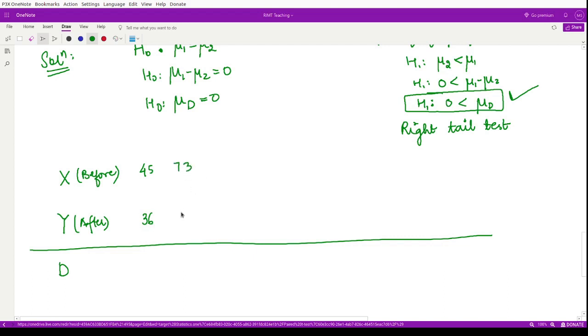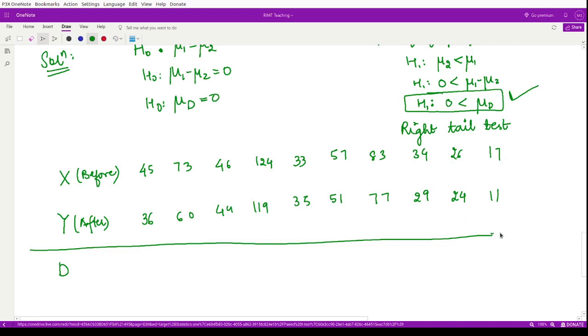It would be 73, 60, 46, 44, 124, 119, 33, 35, 57, 51, 83, 77, 34, 29, 26, 24, 17 and 11. So this is the data. Now you are to calculate this d.